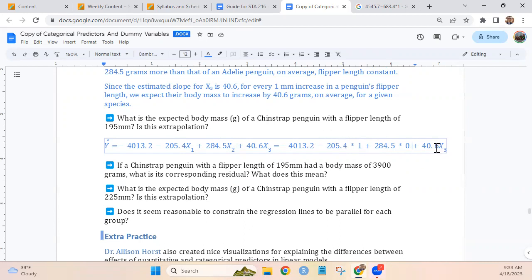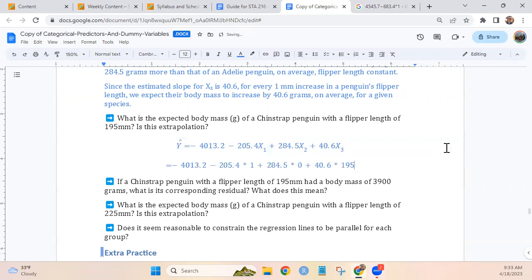And then what about x3? 195. Yeah, 195. Okay. So we can do that, and we'll use Google.